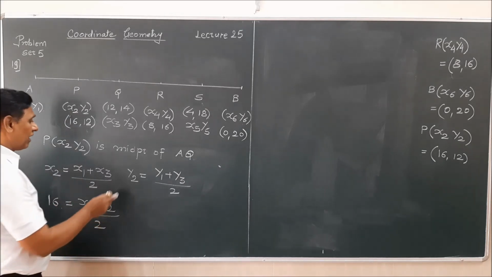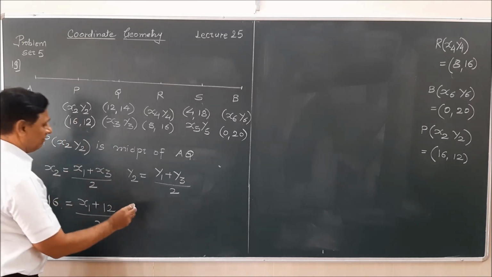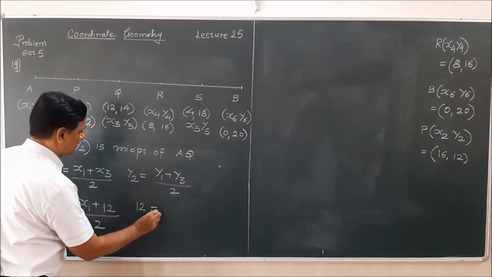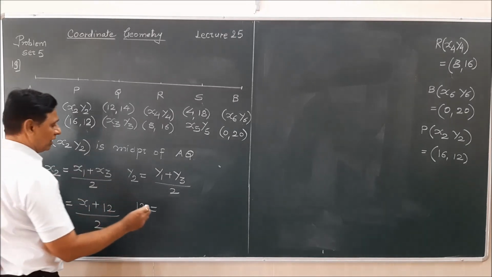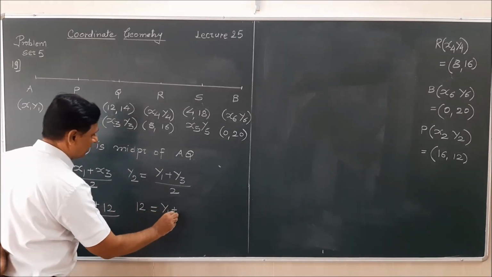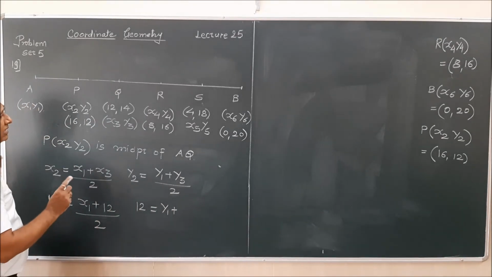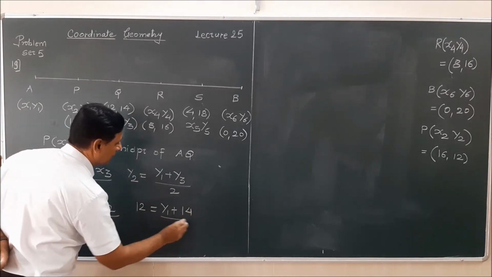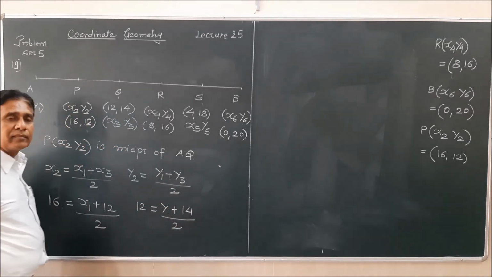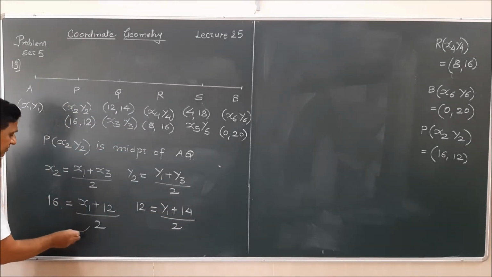And here we know the value of y2, 12, that is equal to y1 we don't know at all, plus y3 we know, 14, upon 2.